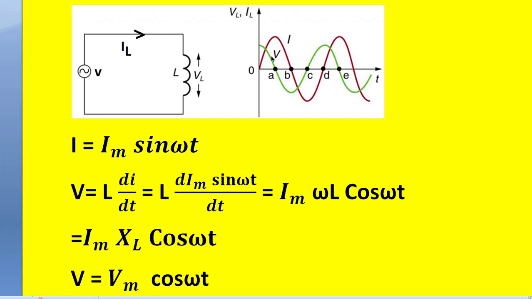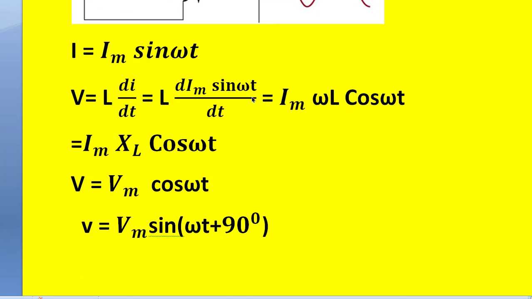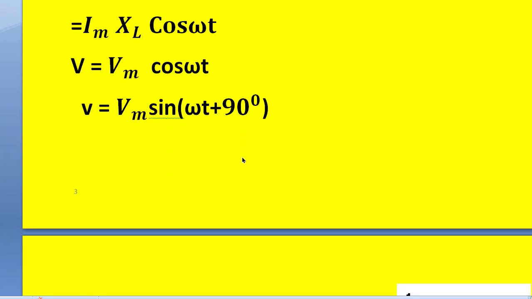So this is the voltage waveform, which starts 90 degrees before the current waveform. This is the current waveform, lagging the voltage by 90 degrees. So that is why we get this. This is the mathematical proof.